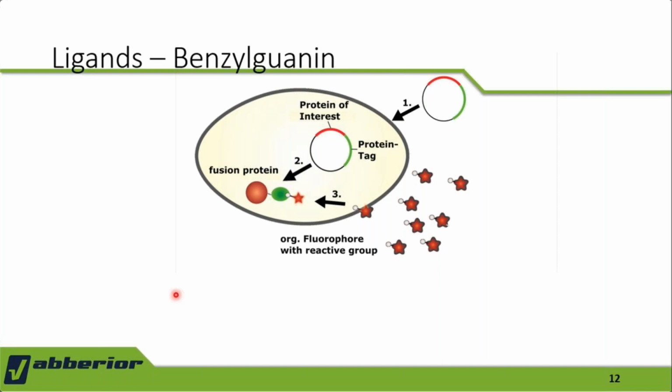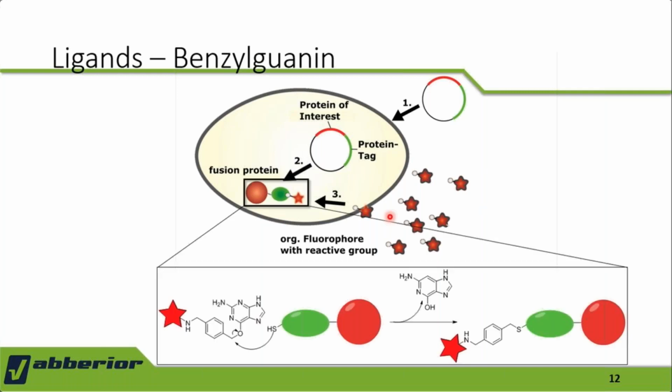It's the self-labeling proteins like SNAP-tag, for example, where we have our plasmid with a gene of the protein of interest and the gene with our protein tag. And the cell will transcribe and translate this to our fusion protein, and from the outside we will bring the fluorophore into the cell.